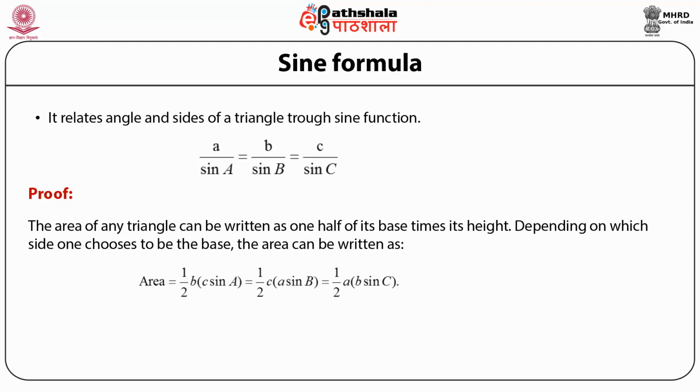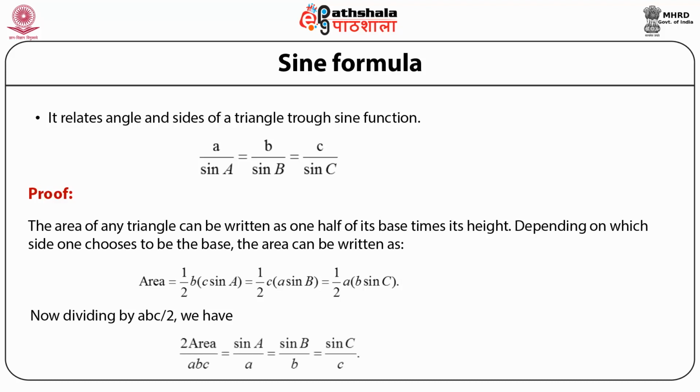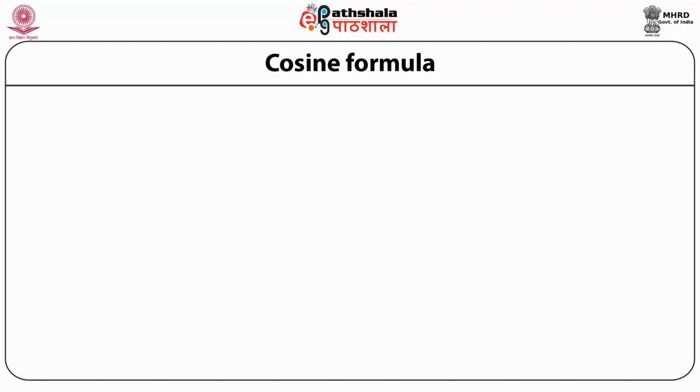Depending on which side one chooses to be the base, the area can be written as area is equal to 1/2 b times c sine A, or is equal to 1/2 c times a sine B, or is equal to 1/2 a times b sine C. Now dividing by abc by 2, we will have 2 area by abc on the left hand side equaling sine A by a, which is in turn equal to sine B by b, and again which is equal to sine C by c.